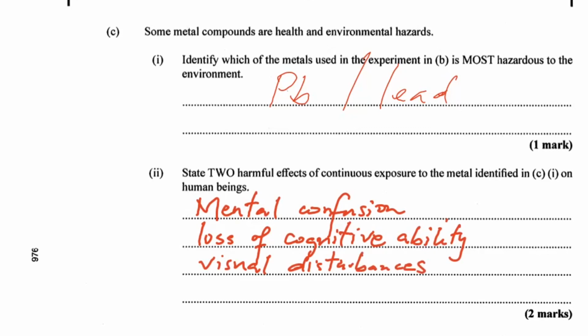When you move on to medicine at university, you learn more about how these things actually happen. It can even cause paralysis. So we'll leave it there. They asked for 2, we gave 4. All right, so just like that, 15 marks, just like that.